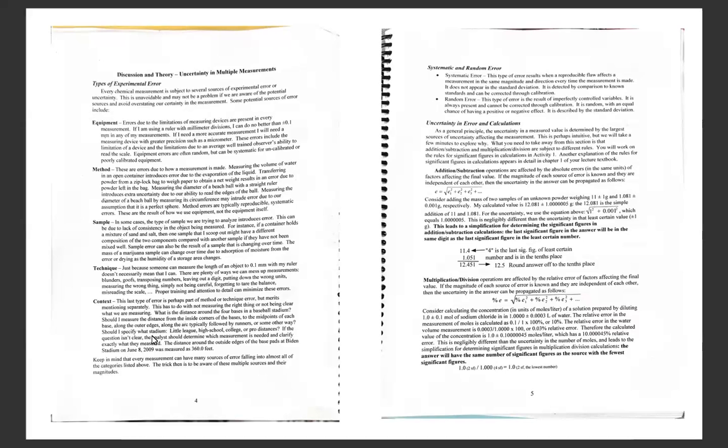It's very important to identify errors. So this is a great page to refer to. Read up on equipment, method, sample, technique, and context error, and try to identify the errors you made in lab. When you're doing the lab, try to identify those errors and write them up in your post-lab conclusion. There's also systematic and random errors, so also keep that in mind there too.